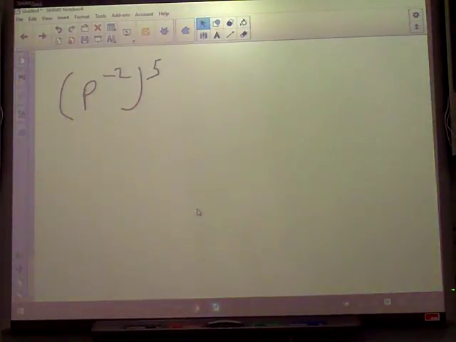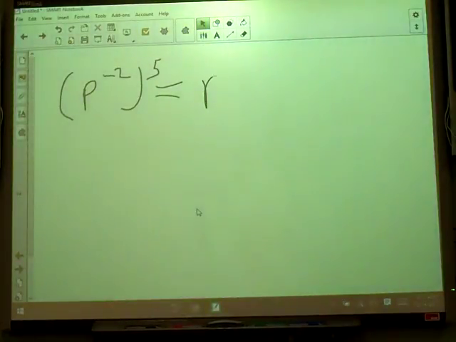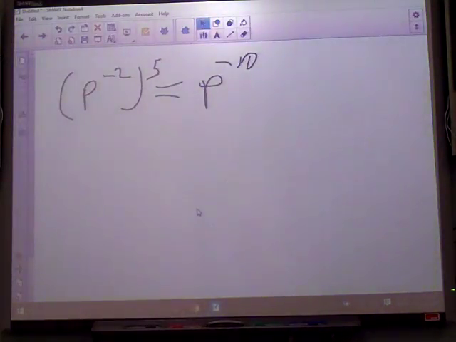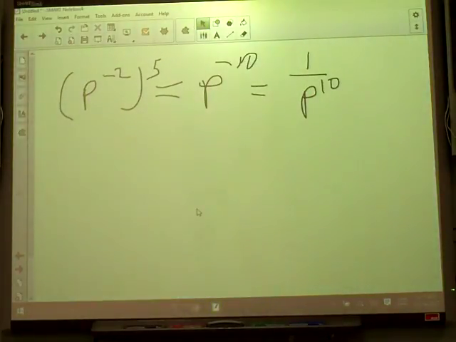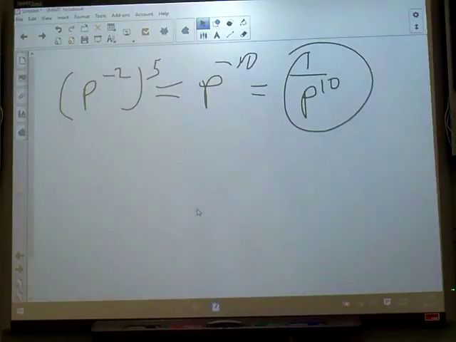We've already talked about power to a power. You just multiply, so that's how you would start here. That'd be p to the negative 10. But you can't stop there. Can't have a negative exponent. Put it in the opposite spot and make it positive.